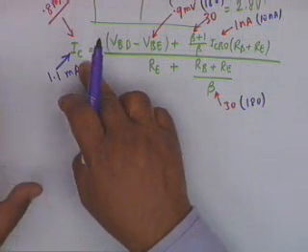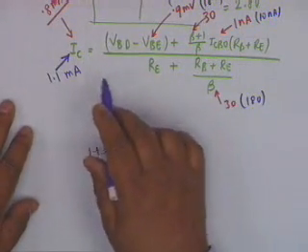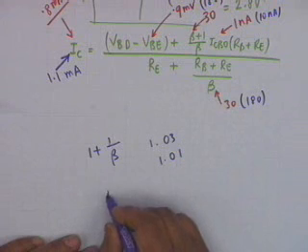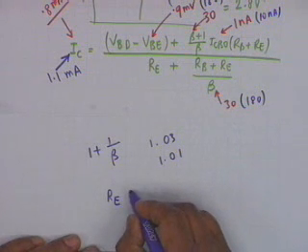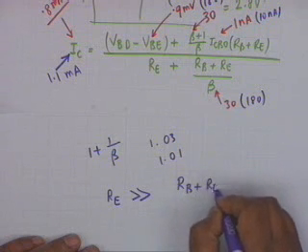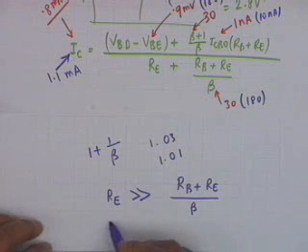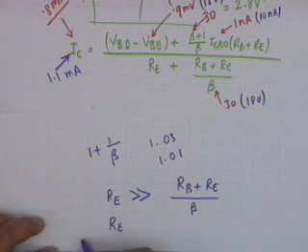It is transistor replacement which causes the maximum change in beta. So, if I wish to make IC independent of beta, what I should do is make Re much greater than Rb plus Re divided by beta, which means that Re should be, well, beta minus 1 times Re.